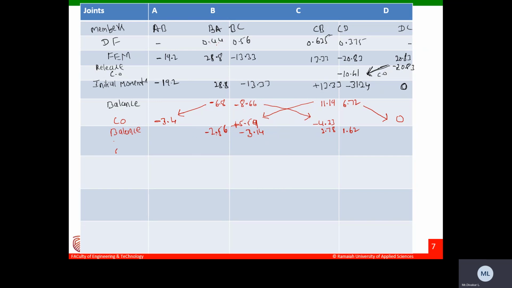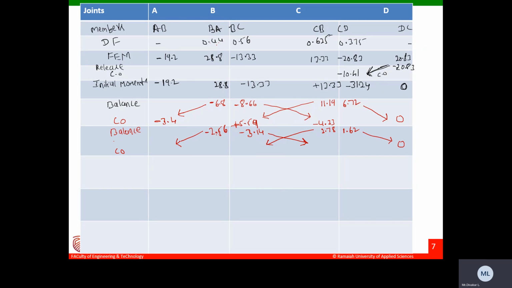Next step, I need to do the carry over. Means I need to carry half of the moment to the adjacent supports. So here also, I can carry from B to C, C to B, carry over I can do it. Here to here I cannot carry. This is 0.